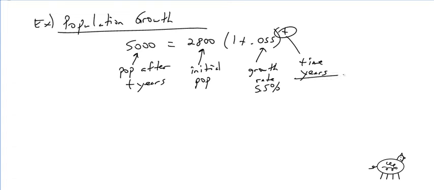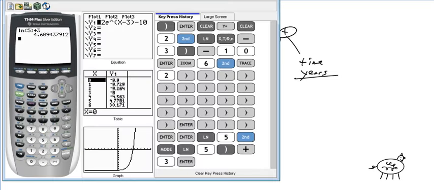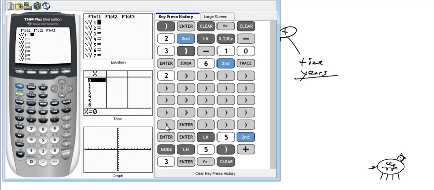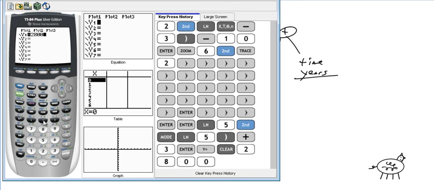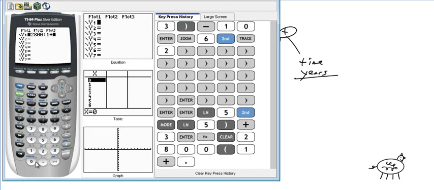Okay? All right, so again, if I do it with a graphing calculator, it's going to be y is equal to, graphing calculator is so easy, 2800 times 1.055 to the t power minus 5,000. It's so easy to do. Okay? And let's put that in our graphing calculator. So we get y equal to 2800 times 1 plus 0.055.